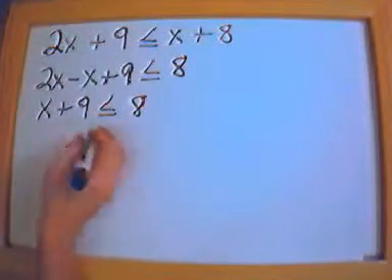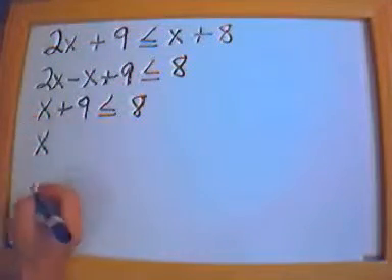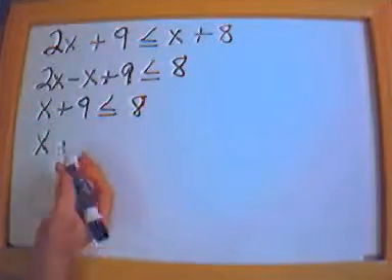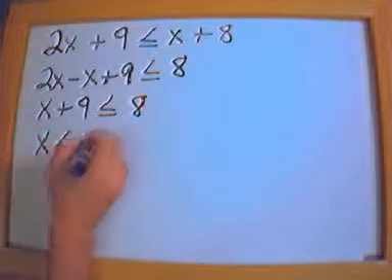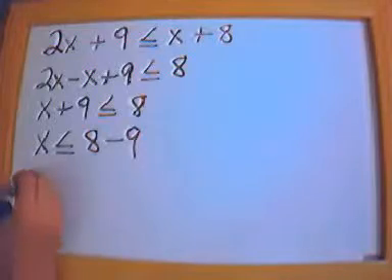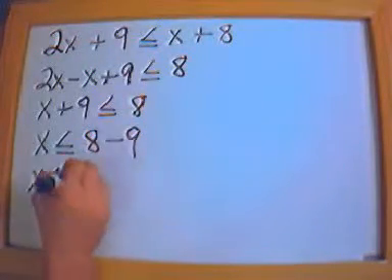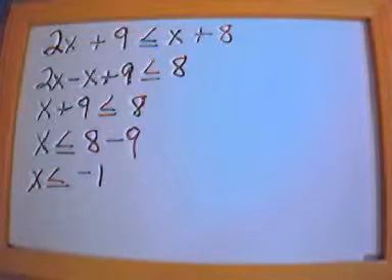Now I'm going to move this 9 over here. I'm going to subtract a 9 from both sides. I'm going to do the opposite of this addition in order to do that. So x, and 9 minus 9 is 0, so I'm not even going to write it, less than or equal to 8 minus 9. Here I've subtracted 9 from both sides. So then x is less than or equal to 8 minus 9 is negative 1. Okay?